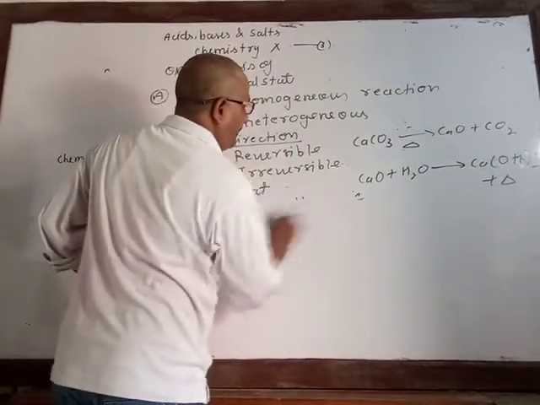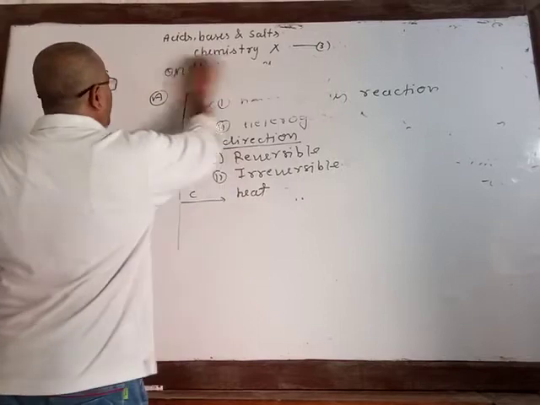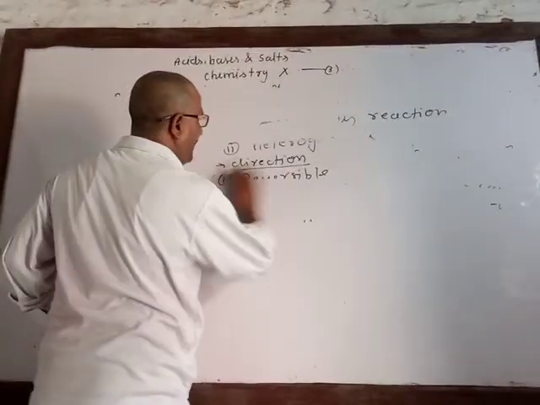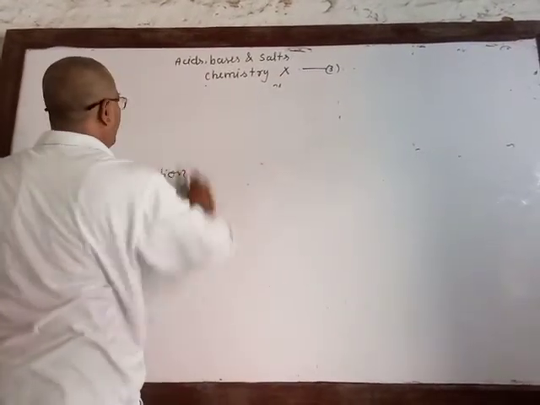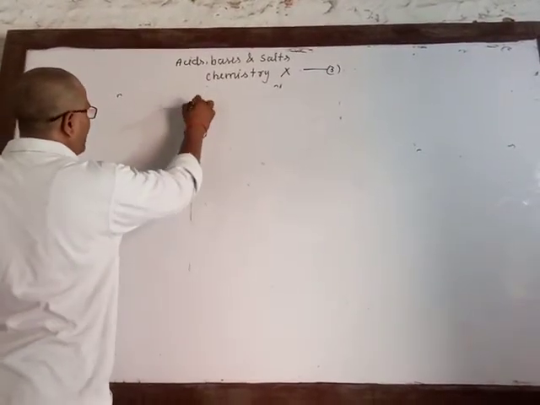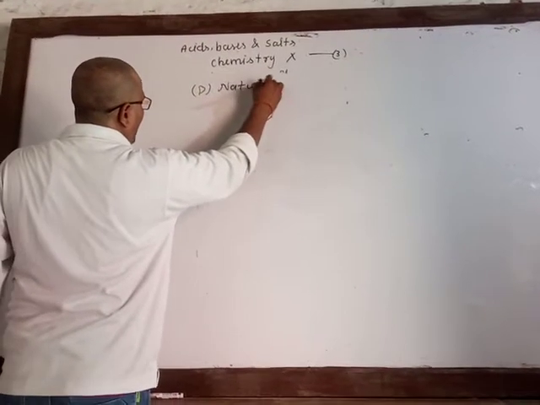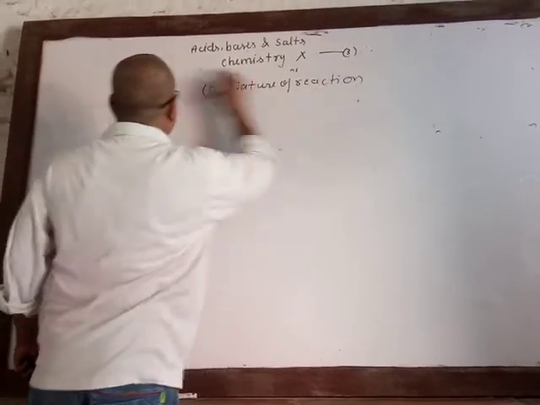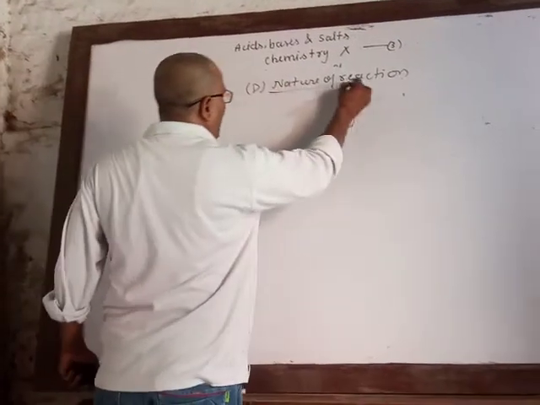Third one, that is called D. That is nature of reaction. On the basis of nature of reaction, how many types of chemical reaction? See that D, that is called nature of reaction. And this preparation of salt totally depends upon the nature of reaction.